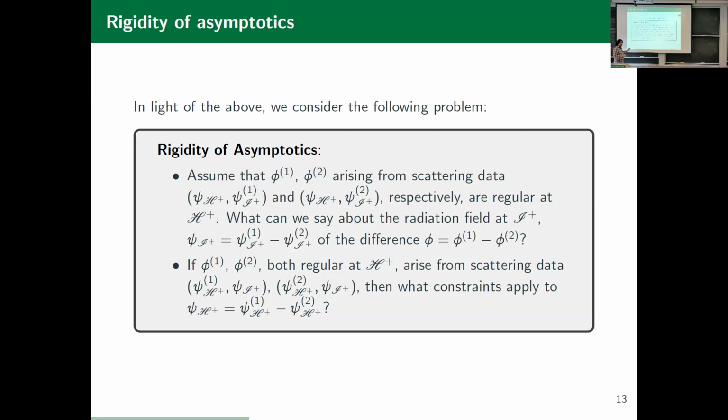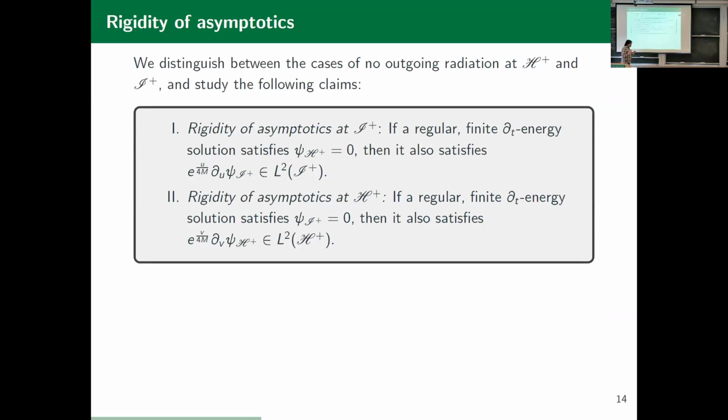And then similarly, we can ask the same question with H plus and Scri plus switched. So if we have two solutions which are both regular at H plus, they arise from scattering data that are identical at Scri plus, then what constraints apply to the difference, or to the radiation field of the difference, at H plus?